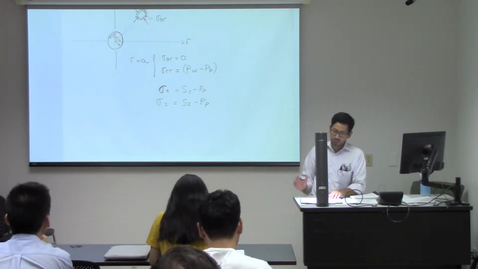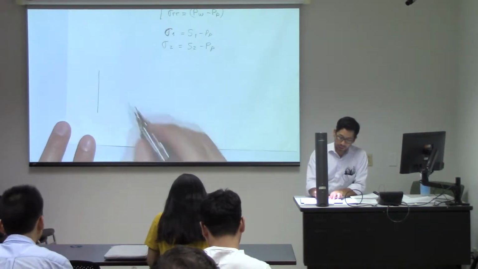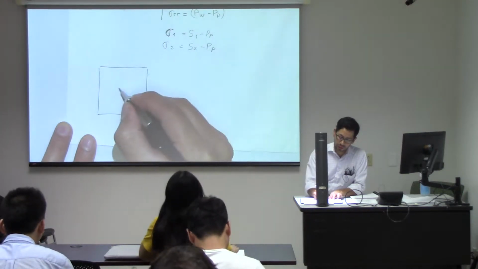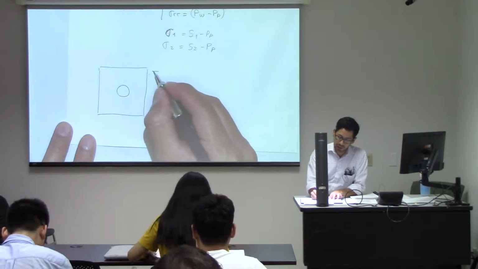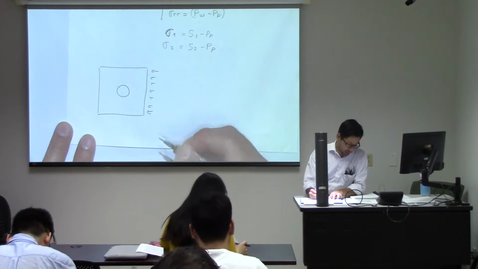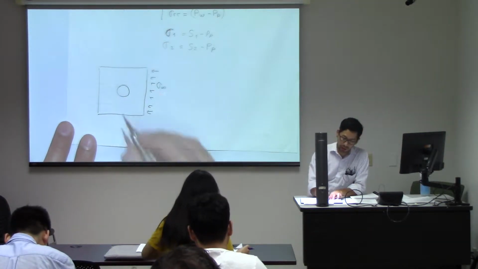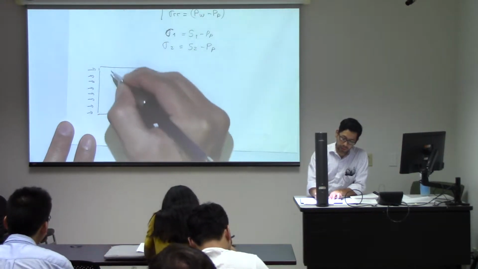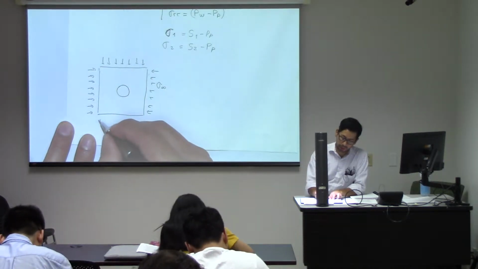So if I were to apply, for example, stresses in all directions into a solid that has a cavity in the middle, and let's say that I apply the far field stresses, let's call it sigma infinity, which are the same in all directions. This is a plane strain problem, remember.